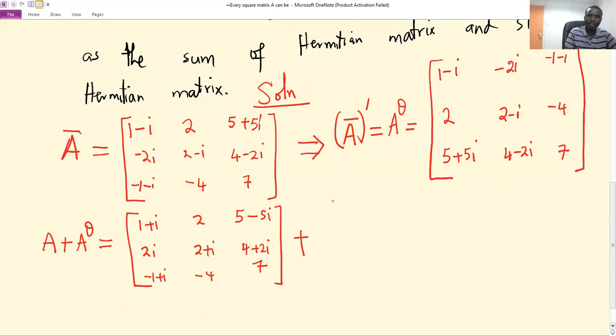And then we are adding to this matrix 1 minus i, minus 2i, minus 1 minus i, 2, 2 minus i, minus 4, 5 plus 5i, 4 minus 2i, then 7.